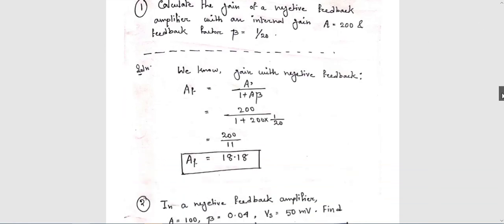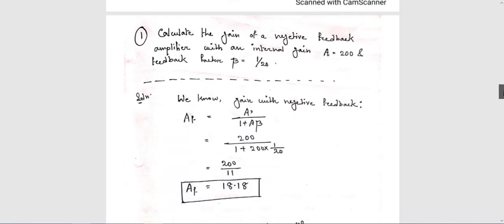Now considering this, when you see any numerical problem, first check which values are given to you. After that you start your calculation. Here the value of A is given, also the value of beta is given. You are asked to calculate AF. We know the expression: AF is equal to A divided by 1 plus A beta.